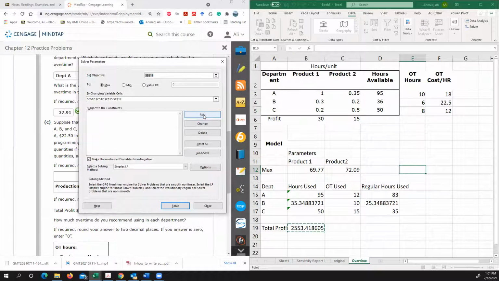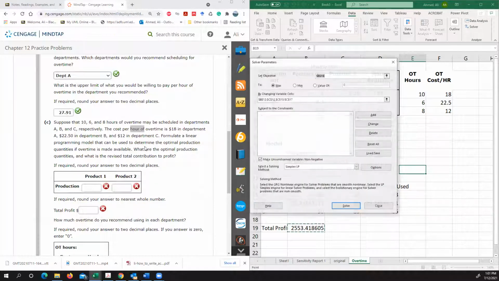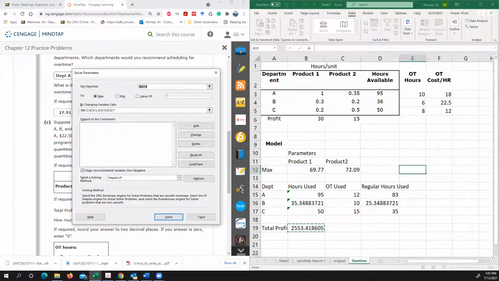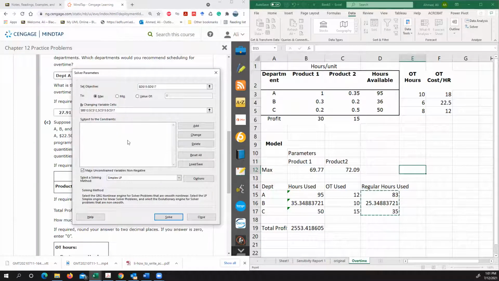The first constraint is like that. Oh, sorry, this is totally wrong. Set objective function to this one.